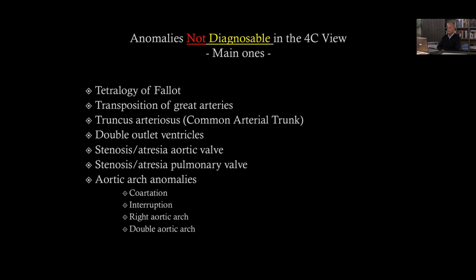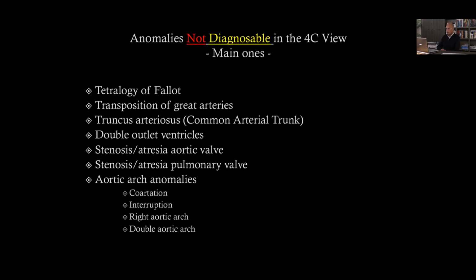But you can see here that many pathologies, sometimes very challenging, are not diagnosable in the four-chamber view, and this aspect pushes us to evaluate the other scanning planes of the fetal heart.